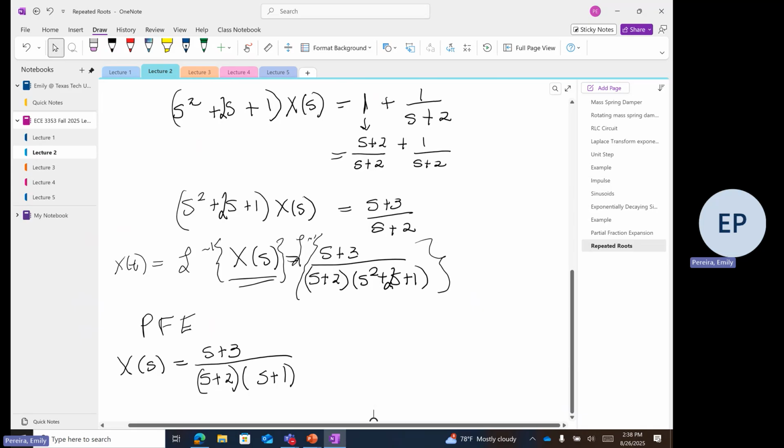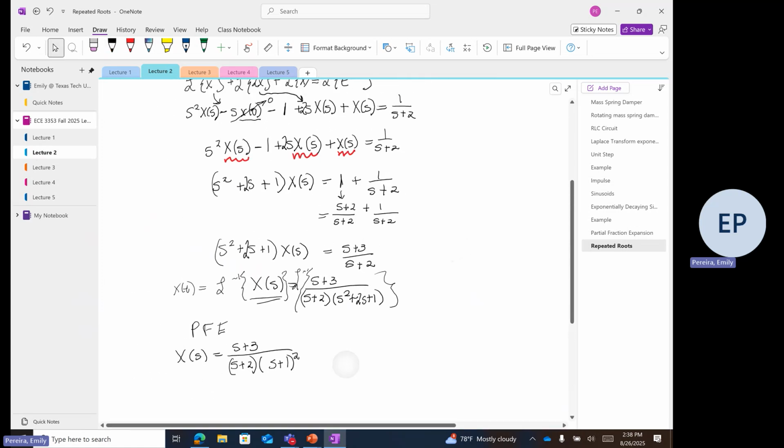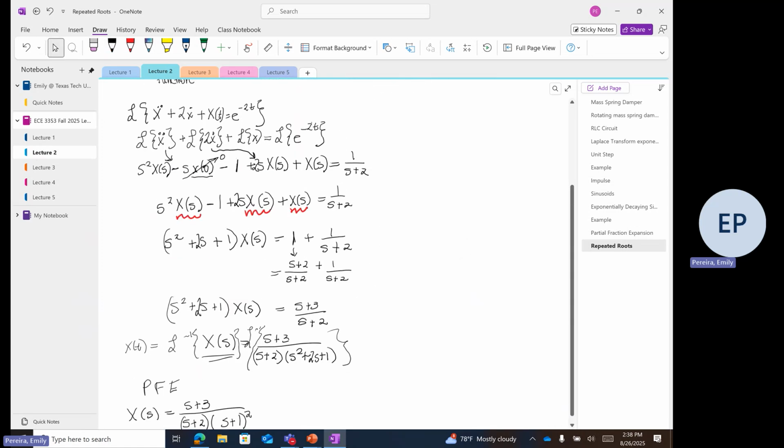So this will allow us now to factor this term. So this is s squared plus 2s plus 1, which is s plus 1 squared. Okay, so hopefully that wasn't too confusing, but all I did was I just forgot this term 2 here.